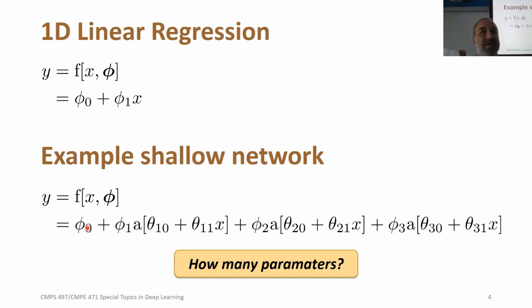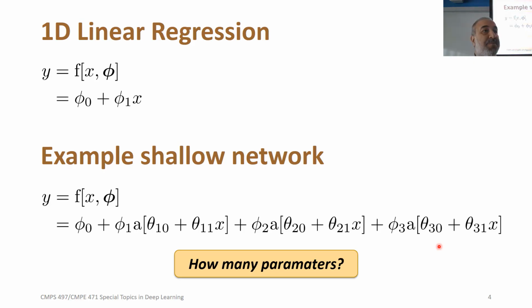Any Greek symbols are the parameters, by the way. So phi 0 is a parameter. Phi 1. Okay. How about this? No. Why not? It's a function. We said that the function has square brackets like that. So this is a function, and then this is a parameter. That's a fourth one, fifth, sixth, seventh, eighth, ninth, tenth. Okay, so we have 10 parameters here.